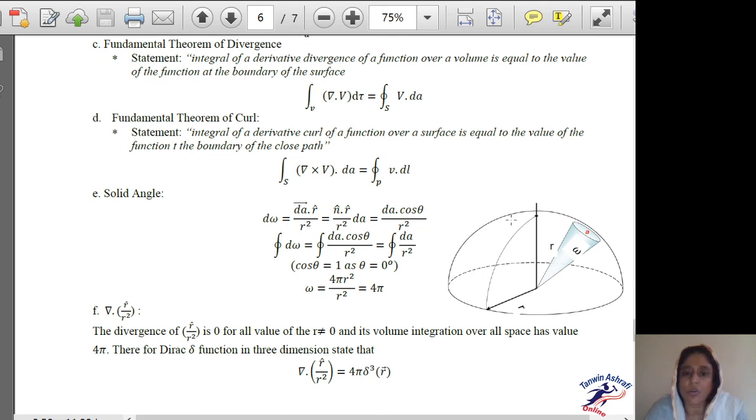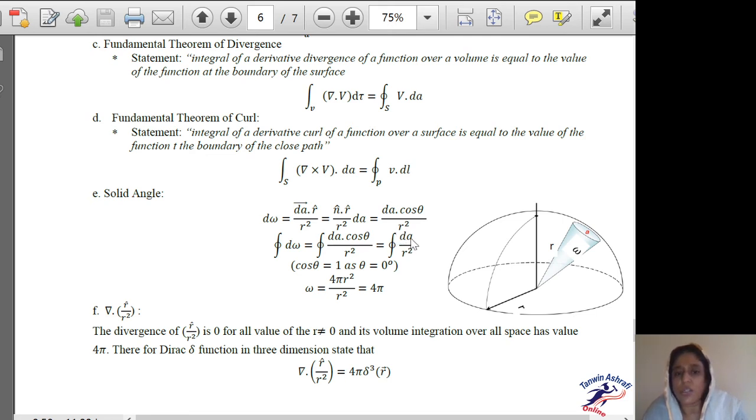If we consider the whole dome of cos of theta, that means integration over the closed angle of cos of theta, that results in theta equal to 0 and cos of theta equal to 1. The normal and r cap are both directed in one direction, and the integration remains only on the area.